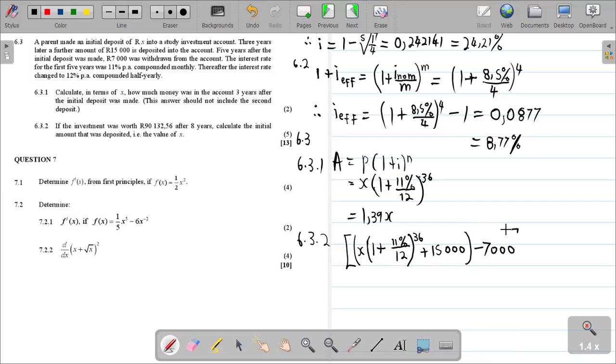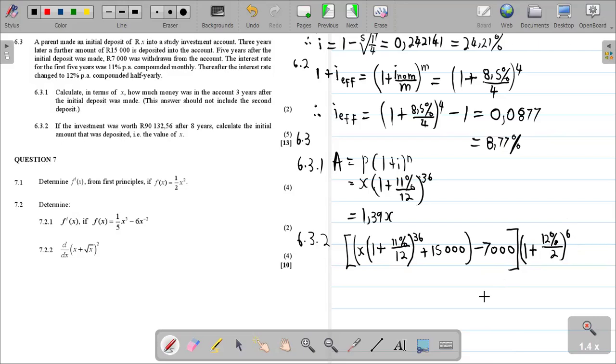And then, so now we're going to have half yearly. Okay. It changed to half yearly and then it's 12%. So it's going to be 12% divided by 2 and then to the power of 6.